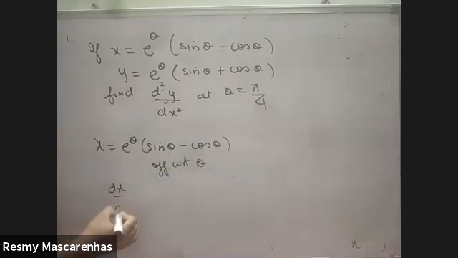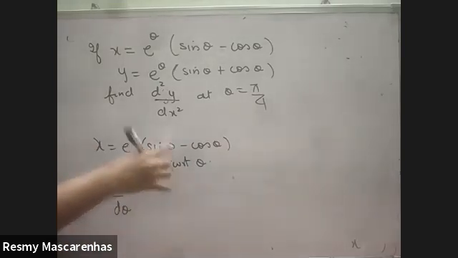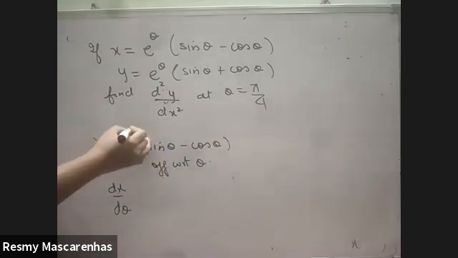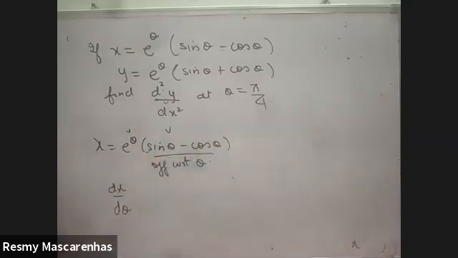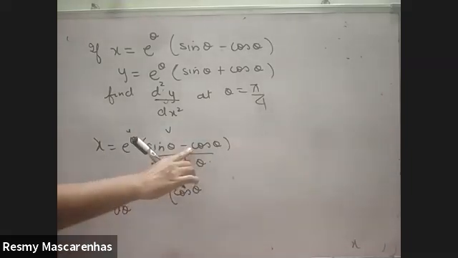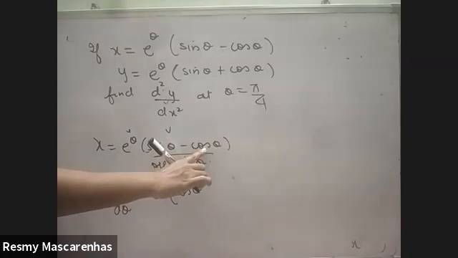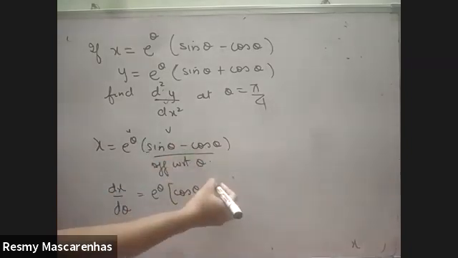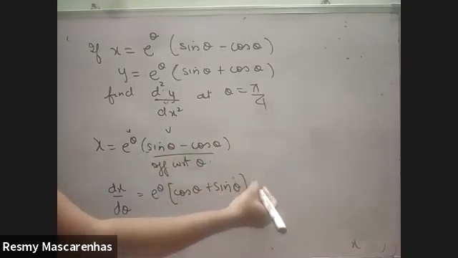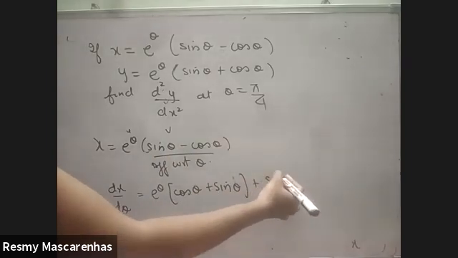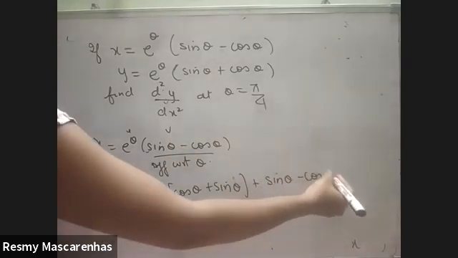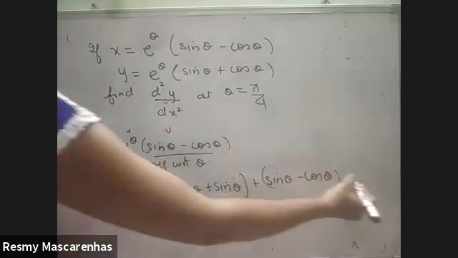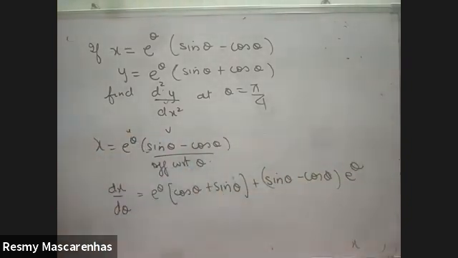So dx upon d theta. This is u into v rule now. This whole thing is v. E raised to theta into derivative of v. So cos theta and derivative of cos theta is minus sin theta. Minus into minus will become plus. Then v into derivative of u. E raised to theta will remain as e raised to theta only. Then open up the bracket.